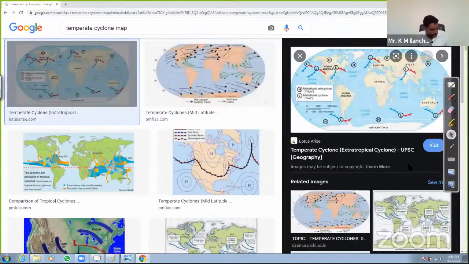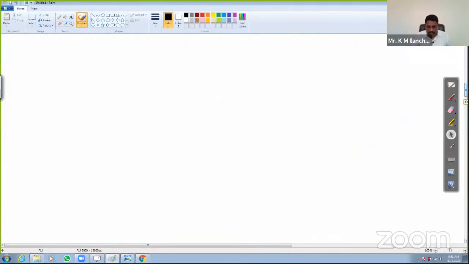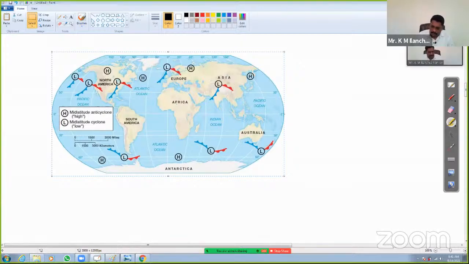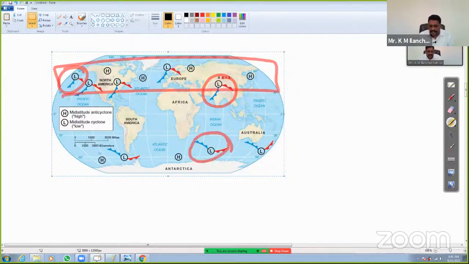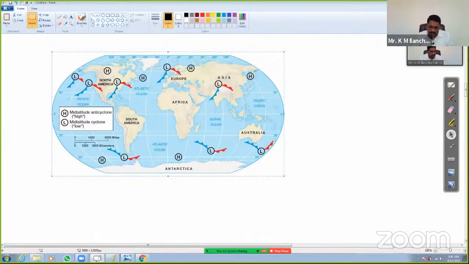Temperate cyclonic circulation can occur both over land and water. Here it is over land. Here it is over water. It's occurring both in the northern hemisphere as well as in the southern hemisphere.